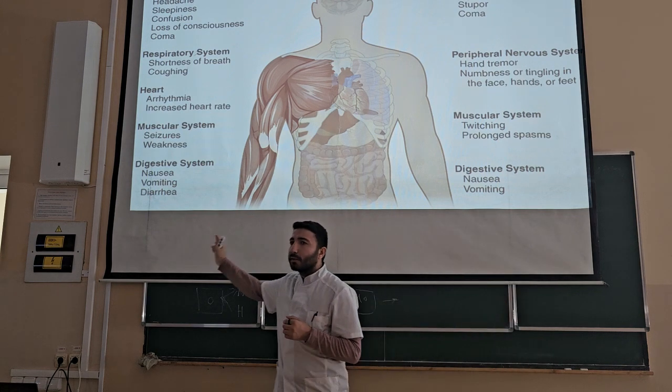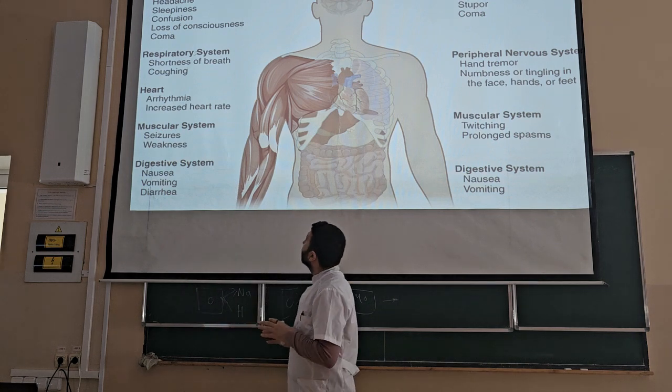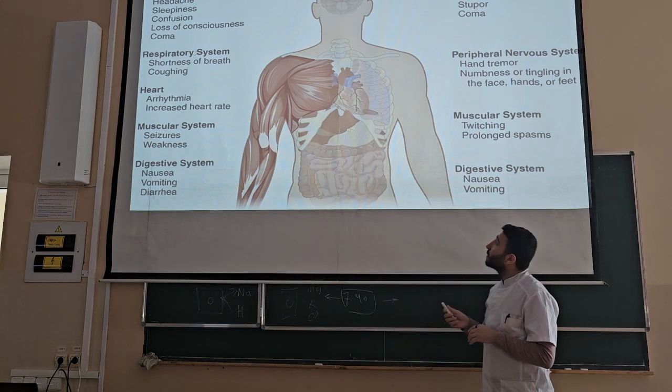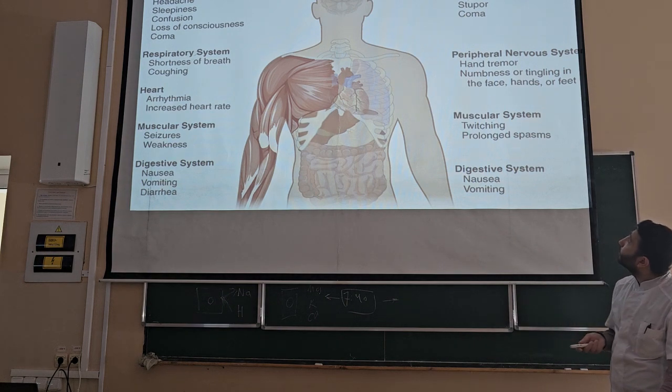Do you have any question? Is it okay? Great. So let's discuss right now, guys, the symptoms of alkalosis. Here we spoke about the central nervous system. The first one will be confusion.